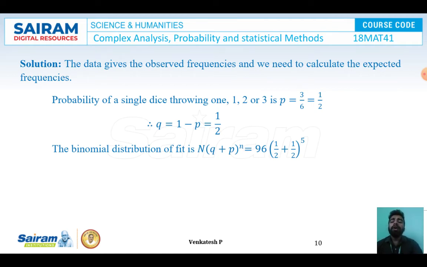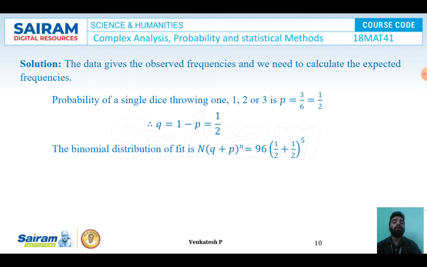First, define the events p and q to frame the binomial distribution formula. I'll take p as the chance of getting the numbers 1, 2, 3 on a single thrown die. Throwing a die one time, the possible outcomes are 6, that is 1, 2, 3, 4, 5, 6. Out of the 6 outcomes, choosing 1, 2, 3 is 3 out of 6.